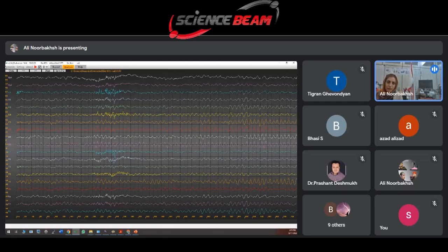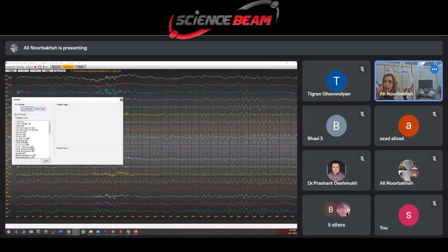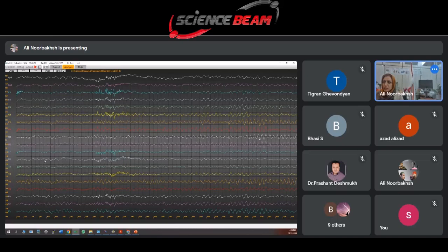But with this device, I forgot to say that you can record a hospital EEG again. You have a menu template, and you can see hospital EEG.